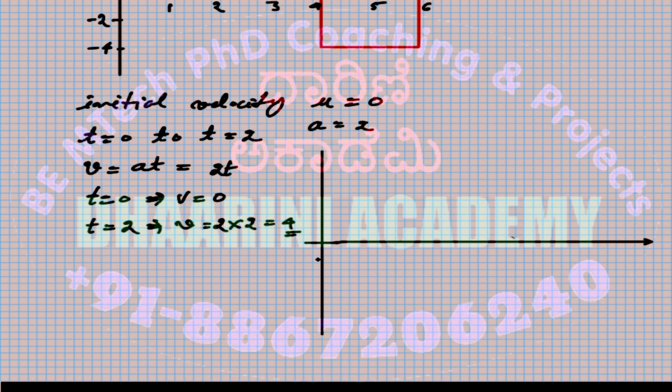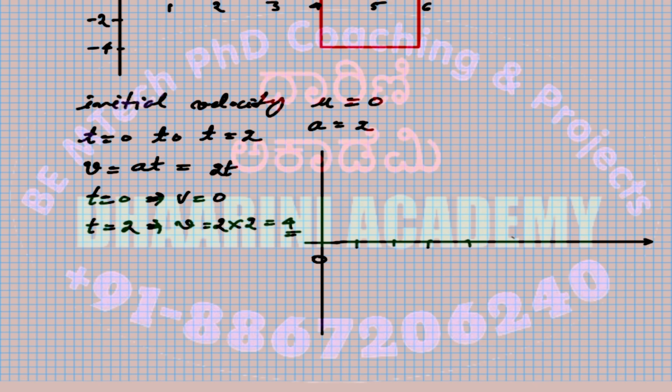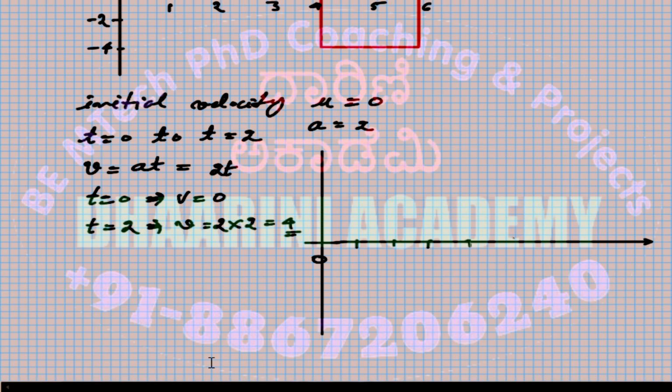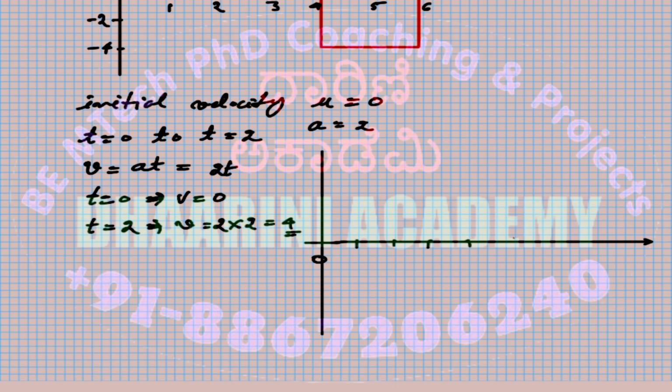Okay, so let's say this is 0, 1, 2, 3, 4, 5, and 6.